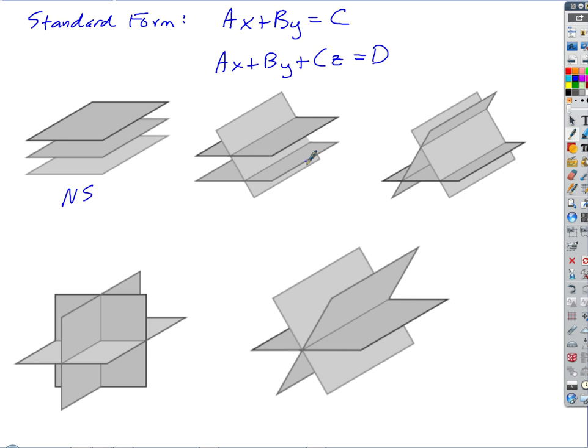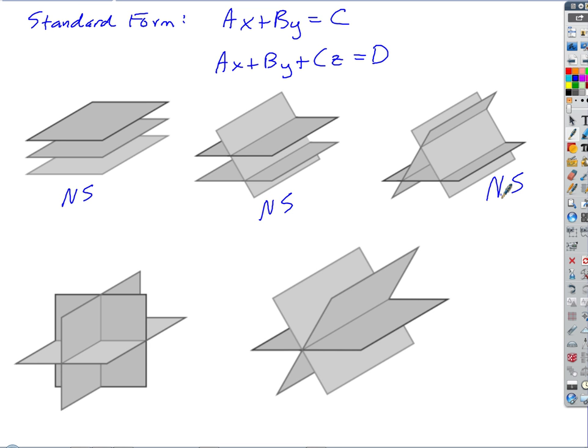Same thing here, right? We've got 2 planes intersecting at a time, but 2 of the planes are parallel and never intersect. So once again, there's no point that will simultaneously be on all 3 planes. And the same thing is true here. We've got 3 planes. Each plane intersects the 2 other planes, but never in the same place.